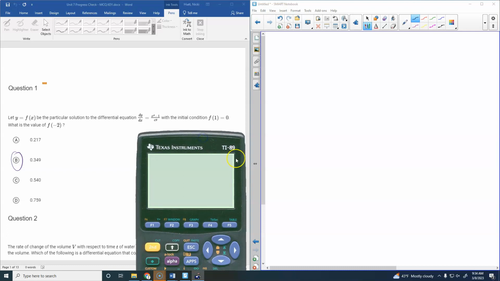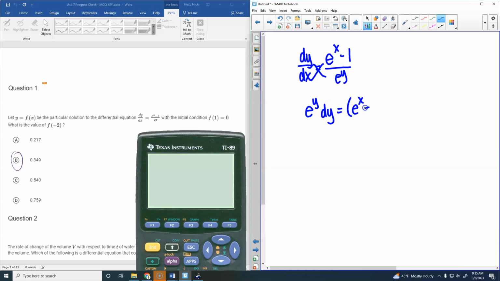For this problem, you got dy over dx equals e to the x minus 1 over e to the y. And so basically you're just cross multiplying is what you're going to do here. So you'll get e to the y dy equals e to the x minus 1 dx.